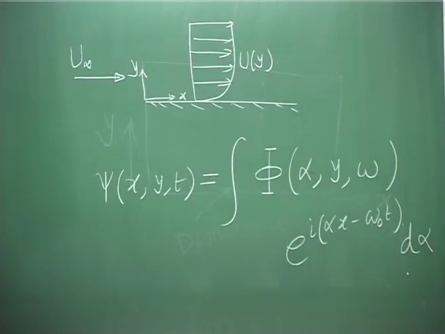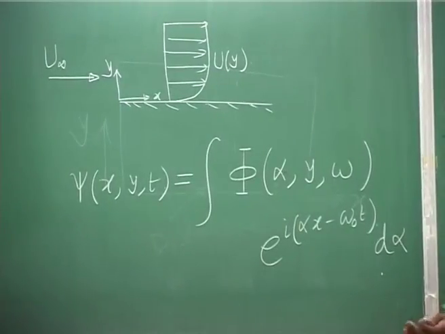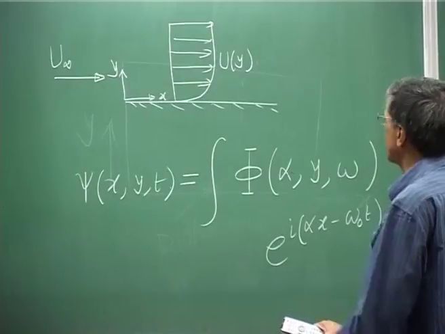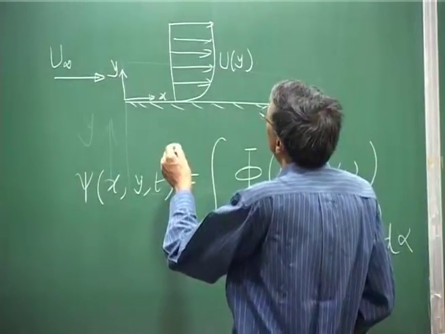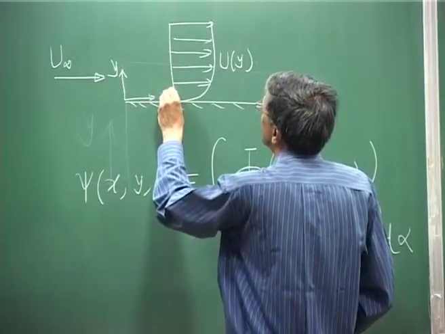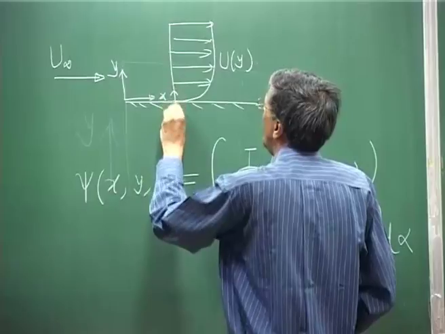See, that is what I told you a few minutes ago. In the actual problem, if you really want to excite some kind of an instability, you would have to give some kind of an excitation. And we will talk about it.